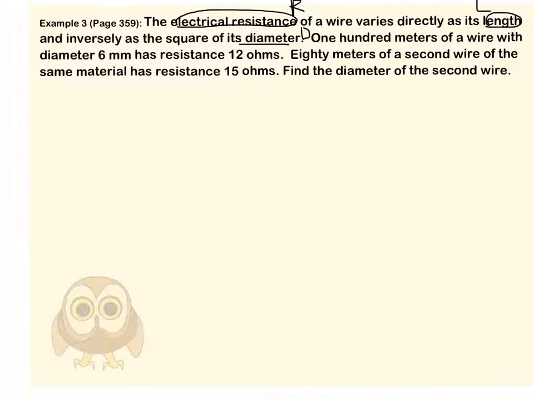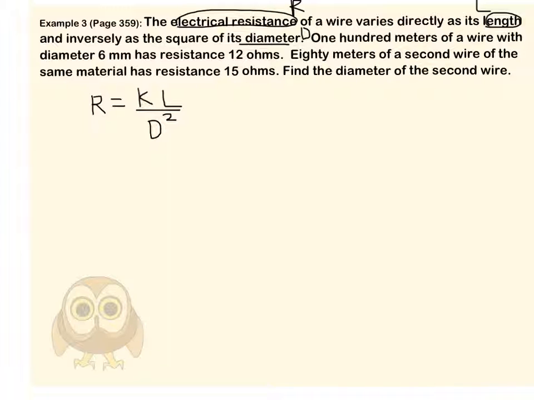It says the electrical resistance of a wire varies directly as its length, so we know that that's going to go kL. And inversely as the square of its diameter. So inversely means it's in the denominator, and we're squaring the diameter.